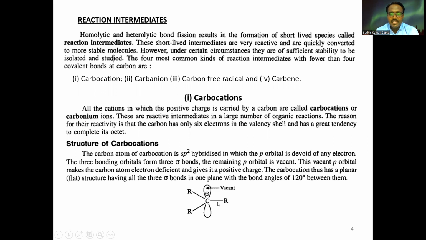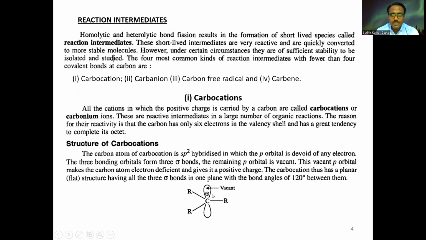Earlier, when it was bonded, all the bonded atoms were sharing a pair of electrons, and carbon was forming 4 bonds with sp3 hybridization. Then one of the bonds is broken, where the shared pair of electrons is taken by the leaving group.